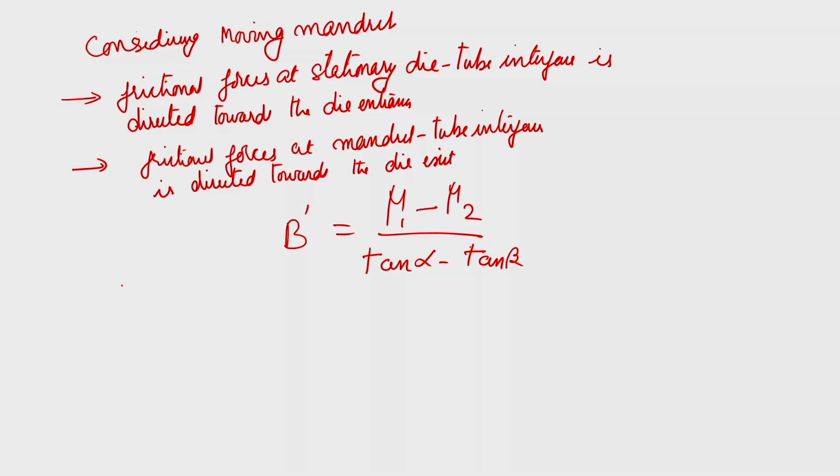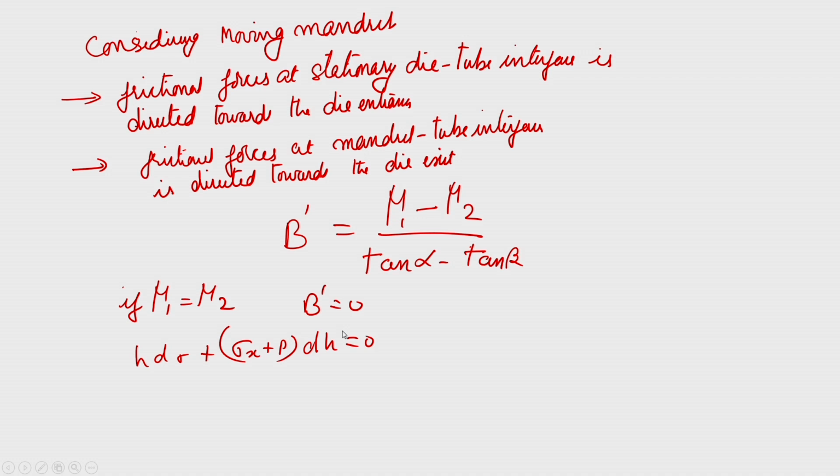And if mu 1 is equal to mu 2, then beta dash is equal to 0, and then the differential equation you will get is h d sigma plus (sigma x plus p) dh is equal to 0, which you can solve in a very simple way, in a similar way as before. Okay. So, integrating we get the equation of ideal homogeneous deformation.